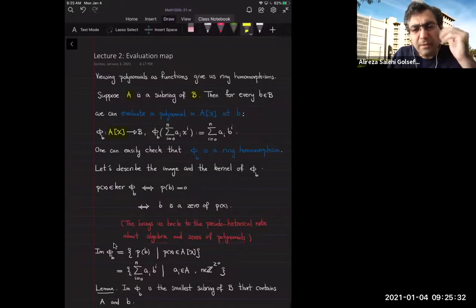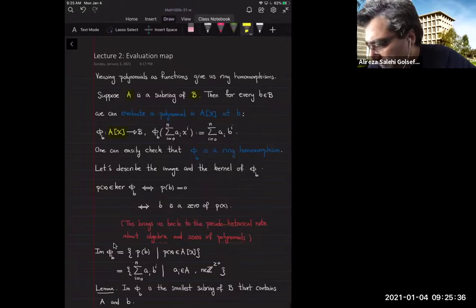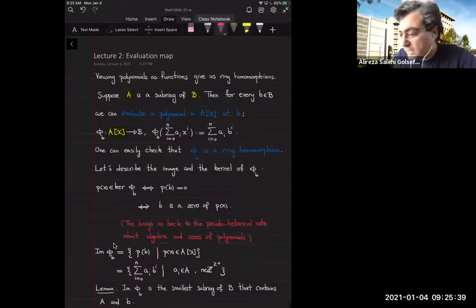What is the baby example that you have to have in mind? The example is what you have already done in calculus.